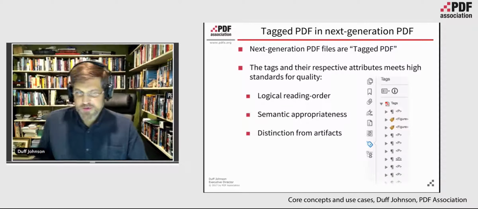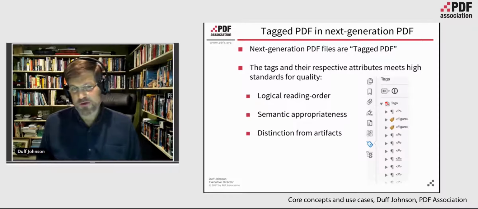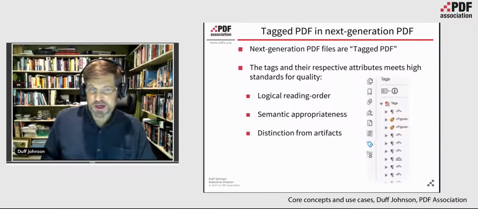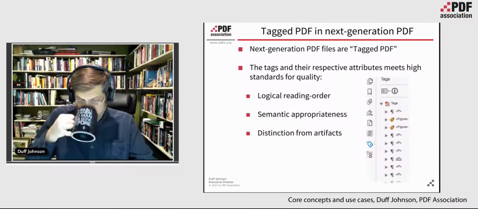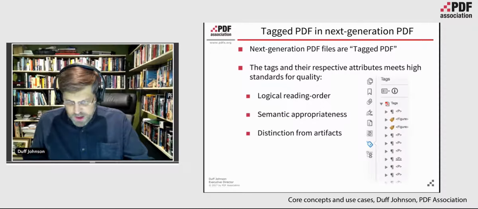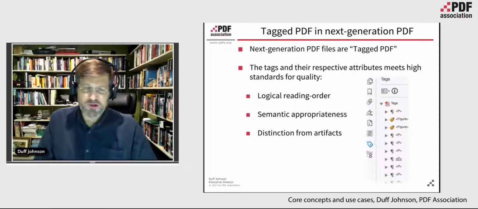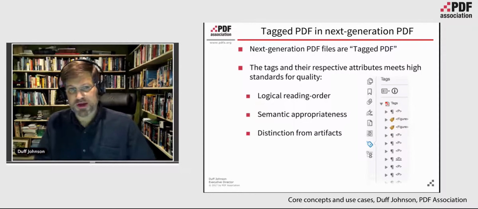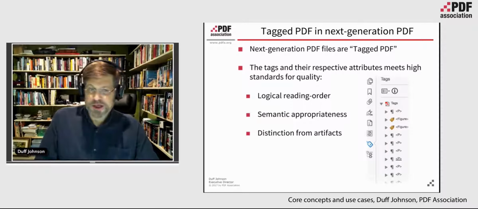So one of the first key things to understand is that this isn't simply a question of taking a PDF file, running any old kind of automated tagger on it, and then figuring you've got a deliverable next generation PDF. There are certain quality standards required. It won't do anybody any good to repurpose a PDF file into an HTML document if the content is disordered, or if the semantics are not captured from the PDF file and then deployed in the HTML.